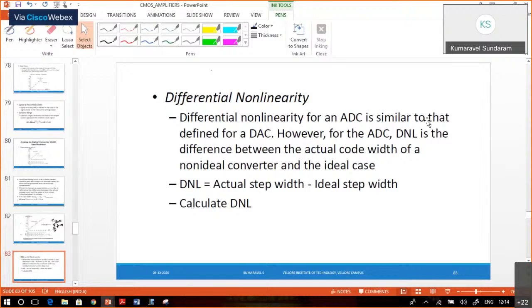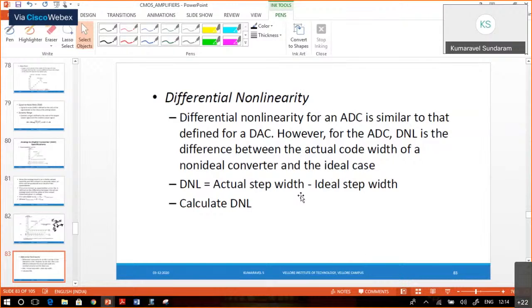Okay, and similar to the integral non-linearity, here also we are having DNL and INL, differential non-linearity and integral non-linearity. Here it comes in step width, whereas in DAC we calculated step height.